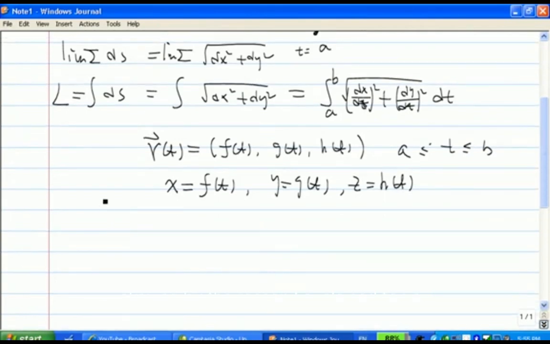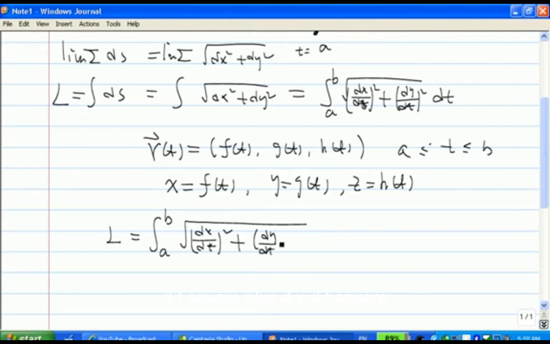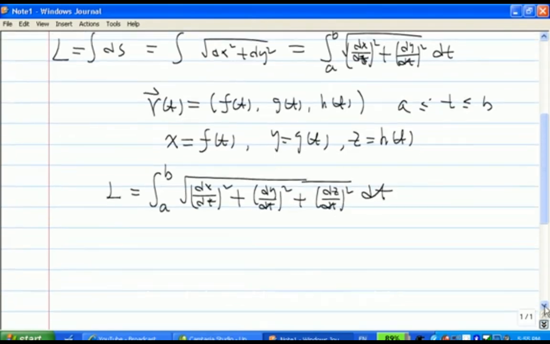Okay, so by the reason I explained to you, the arc length for the curve in space is similarly like this: the integral of the square root of (dx/dt) squared plus (dy/dt) squared plus (dz/dt) squared, then dt. Just add one more variable.